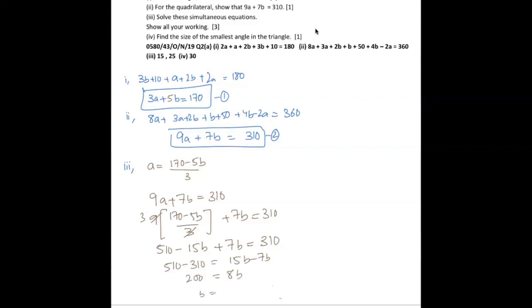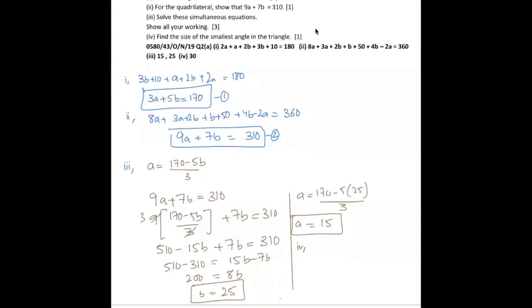So b value is going to be 200 divided by 8. That is 25. When b is 25, a is going to be 170 minus 5 times 25 divided by 3. So 170 minus 125 is 45. 45 divided by 3 is 15. So A is 15 and B is 25.